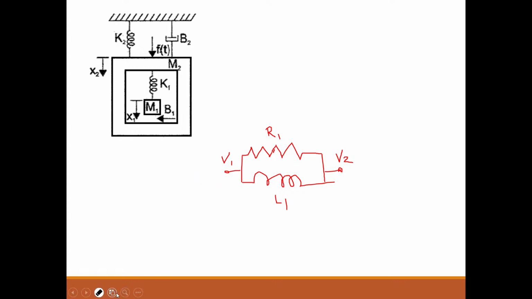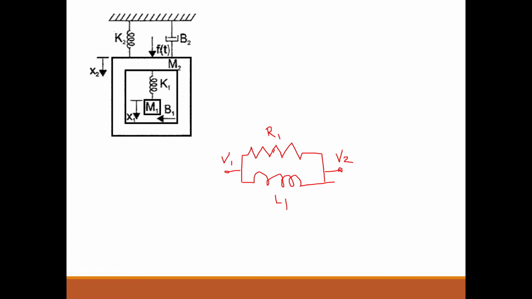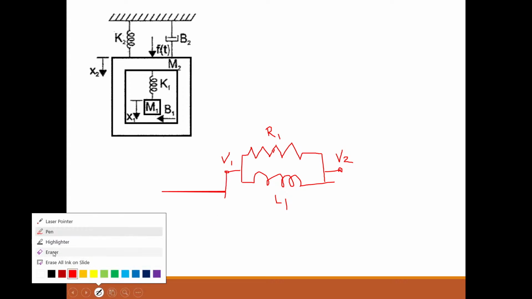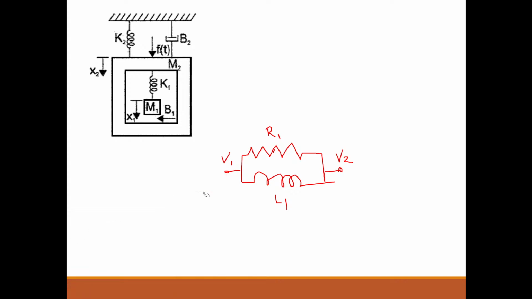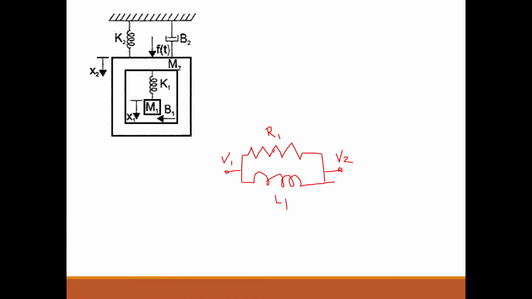At node V1, directly just draw a line. I am unable to draw with my cursor, so you draw it. Draw a capacitor C1.